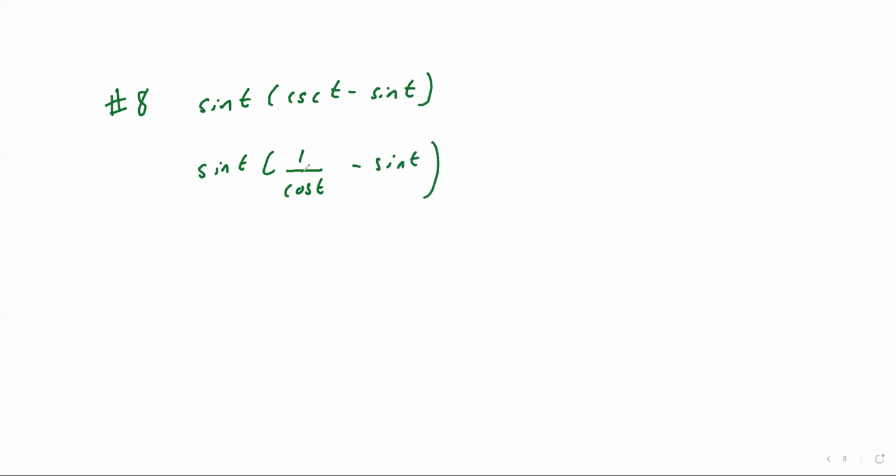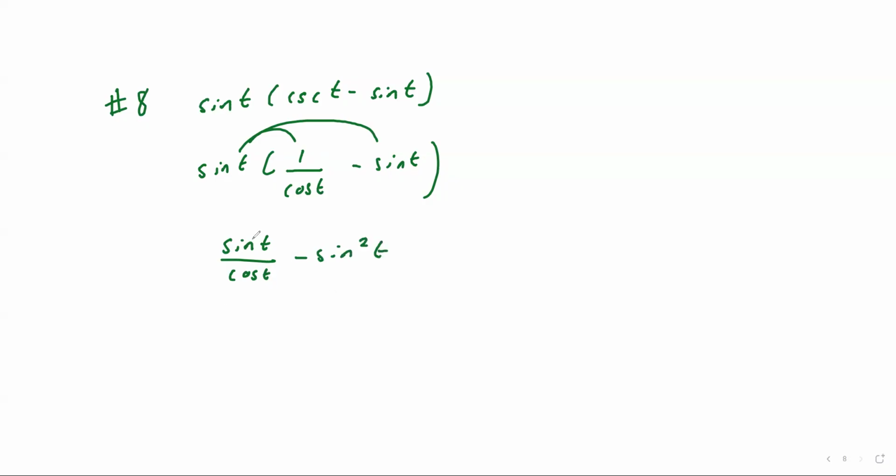Now, one of the things was to get rid of the fraction. Here I'm producing a fraction, but what I'm going to try to do is combine this into one term. So I want to see what I can do to actually subtract these, or potentially what might be easier in this sense is let's distribute before I go too far into this. So I'm going to distribute this. So this gives me sine t over cosine t minus sine squared t.